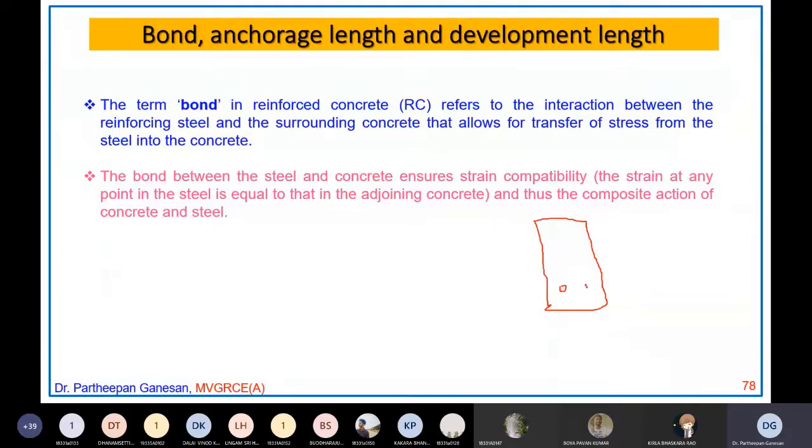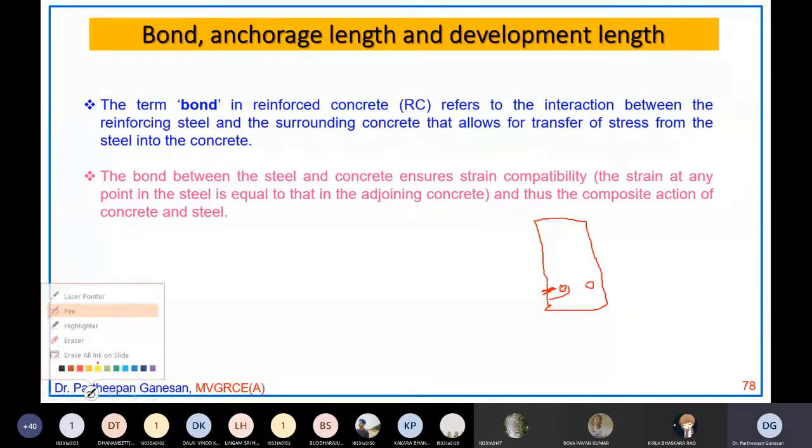It is not visible to the naked eye. So I want to find out what the strain is at this point. Whatever strain is available in the concrete at this level, the same strain is available in the steel also, and that is only possible when there is a perfect bond between the steel and the surrounding concrete. So that is why it is called strain compatibility.